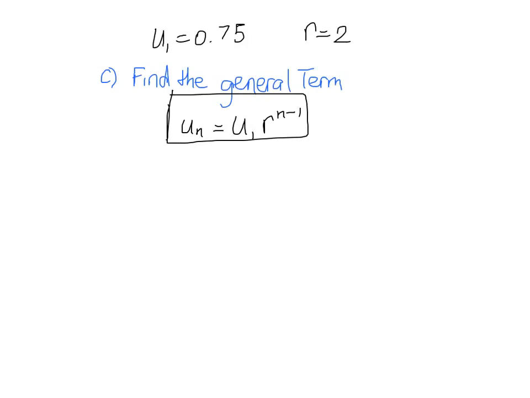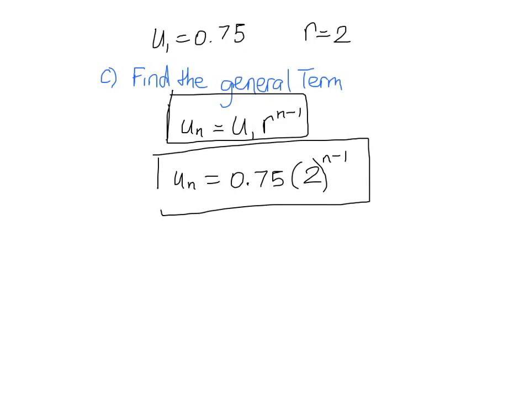For this particular sequence, we have to plug in what we know. We know that u1 is 0.75, and we know that r is 2. We don't know n, so we raise that to the n minus 1 power. And that's the general term formula for this sequence. And we're done.